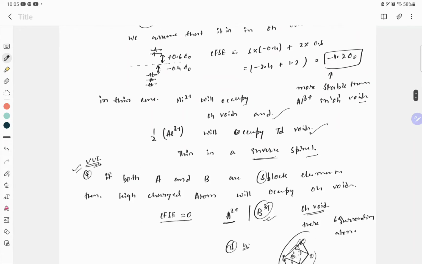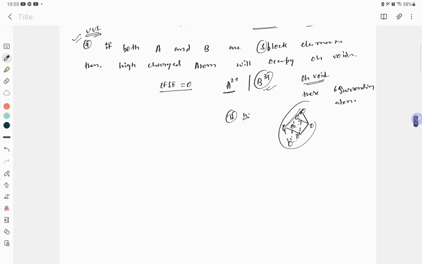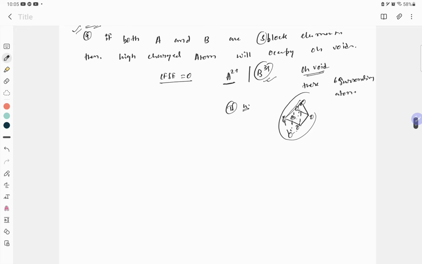And another thing, we have to check now an exceptional case.